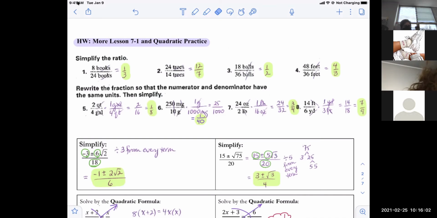So would you like me to walk through any of the conversion problems? Any questions on anything? So I see a couple of examples.